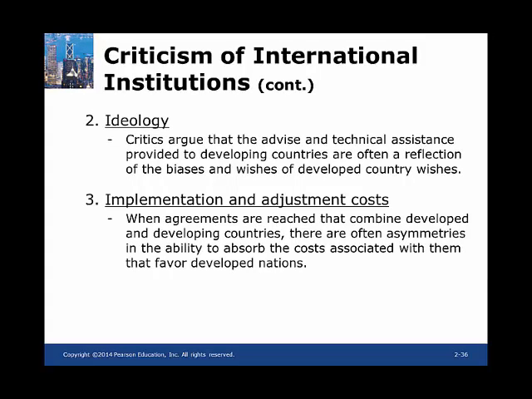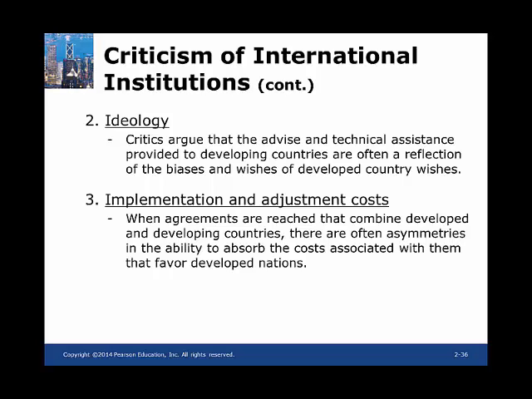Second type of criticism is ideology. Critics argue that the advice and technical assistance provided to developing countries are often a reflection of the biases and wishes of developed countries.